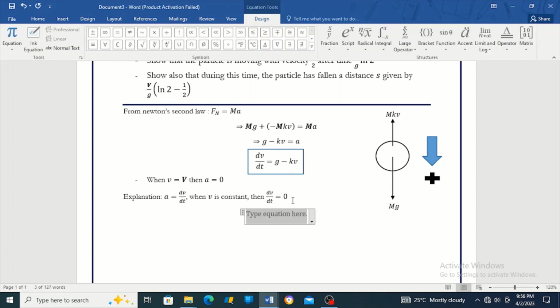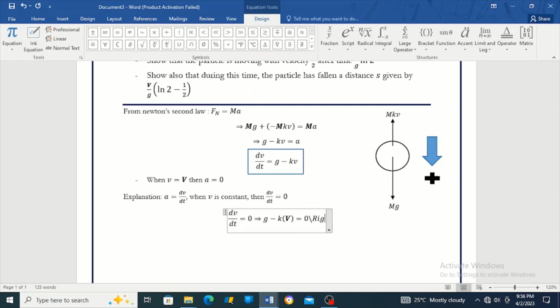So from there we can see that dv by dt is equal to 0, which means that we come here and we have g minus kv, but in the place of v I'm going to replace it with capital V, equal to 0.